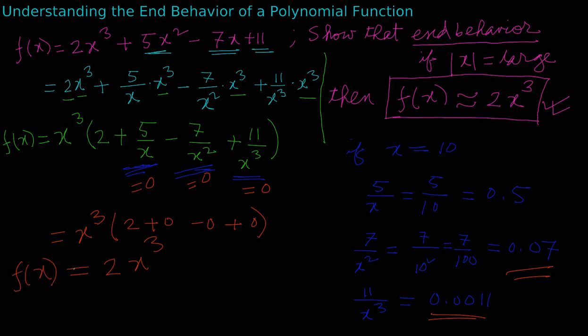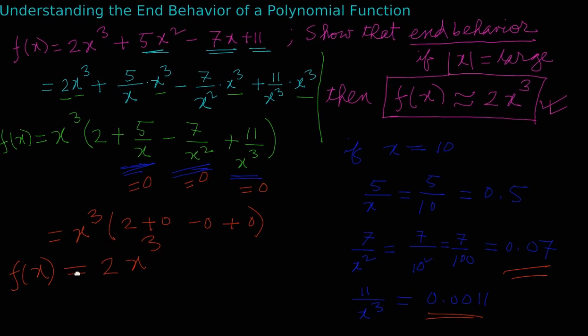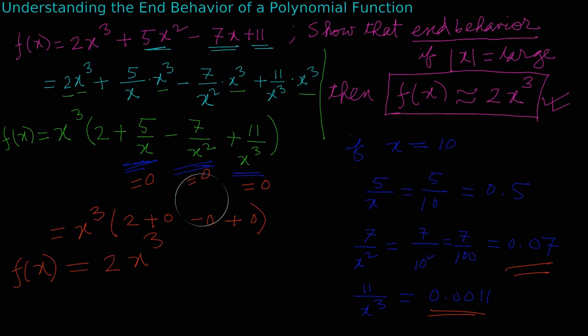So instead of writing an equal sign, I should write almost equal to. I can write that this is almost equal to rather than an equal sign. So what I found is that my function of x is going to behave like 2x cube if x is large.